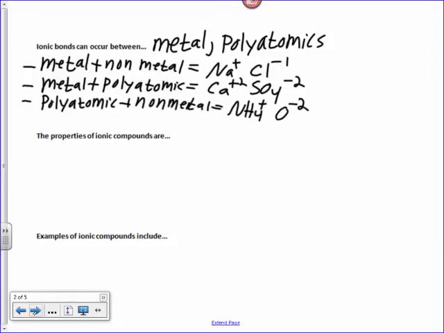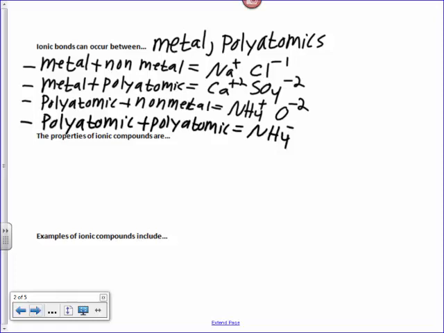Or it can be between two polyatomics. Once again, that could be like an ammonium and a nitrate. So you can see how this is going to work. Cations, they're positively charged, or metals and your polyatomics, are listed first in the formula. Anions are going to be listed second.